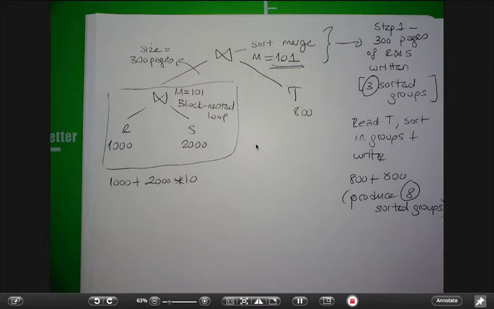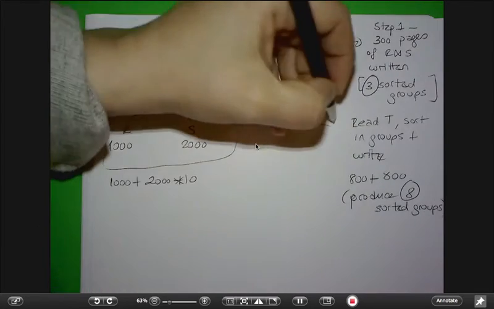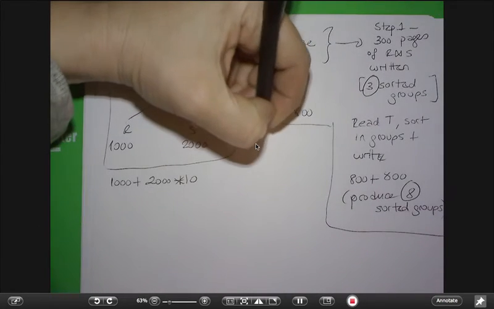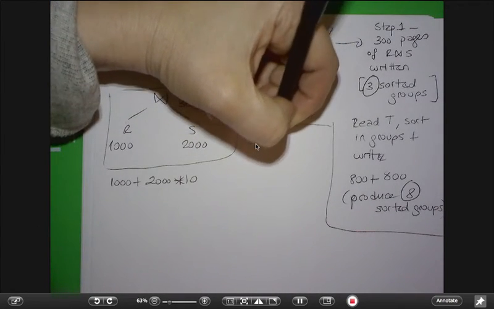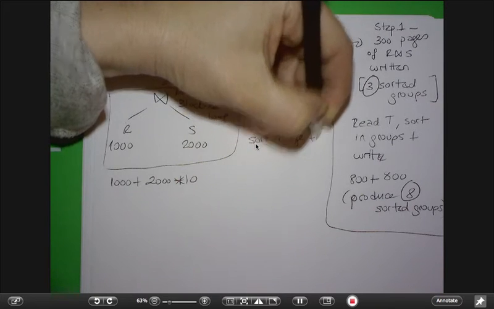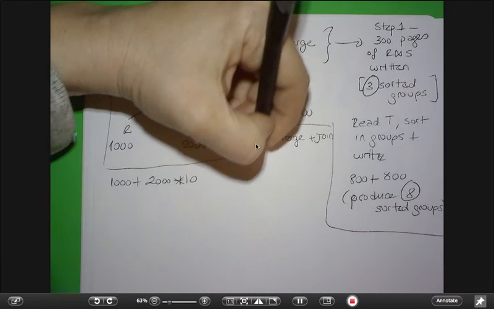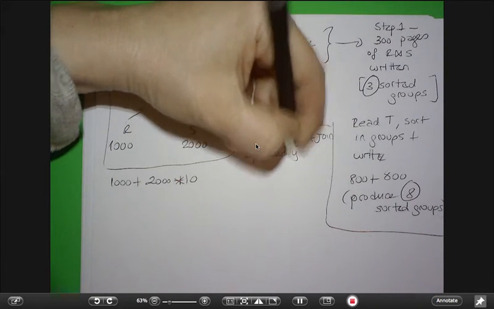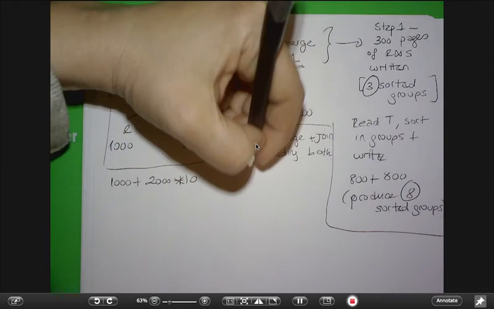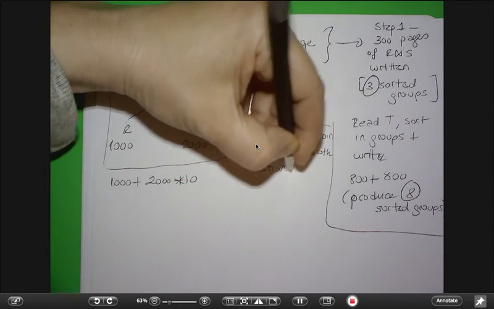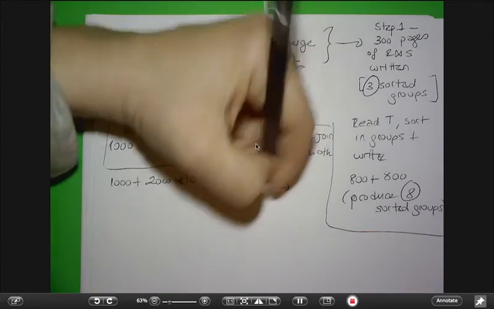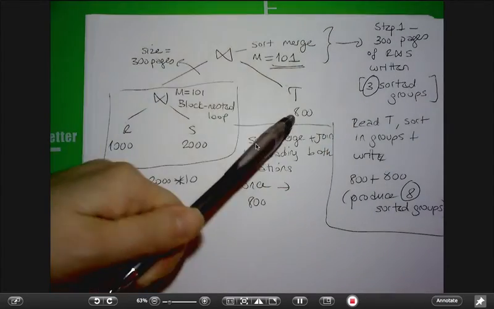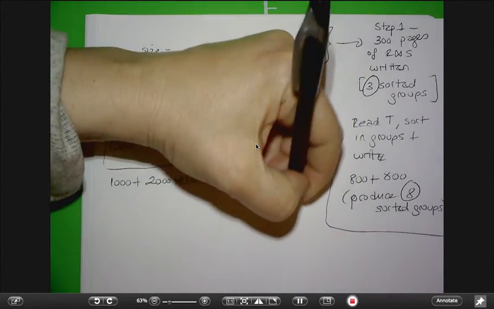Continue doing this. So I can do the last step: sort, merge, and join by reading both relations once. So that would be 800 for this one and 300 for that one.